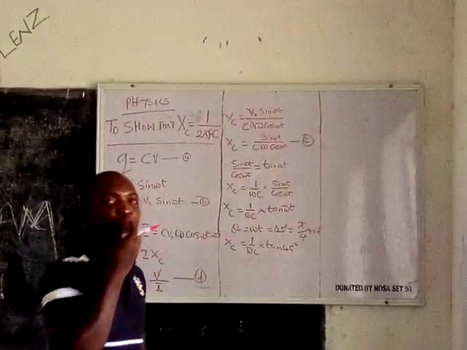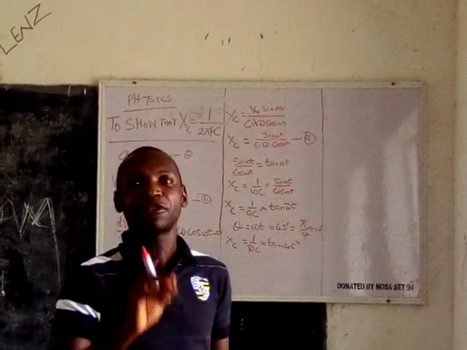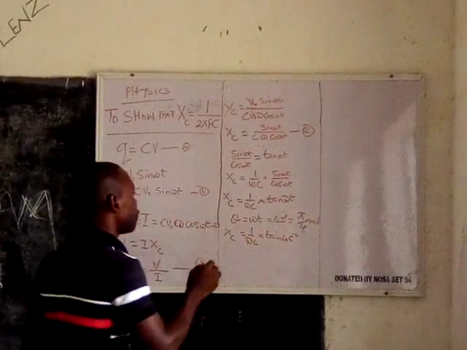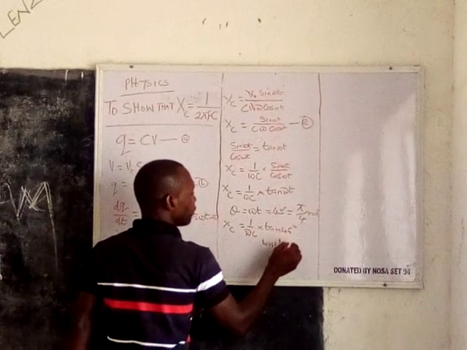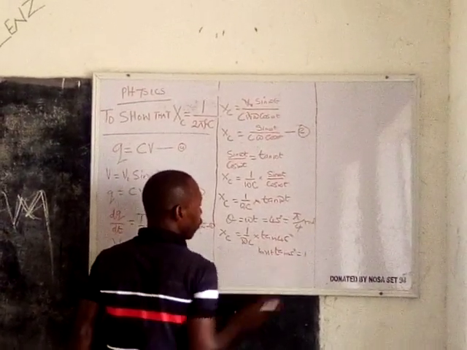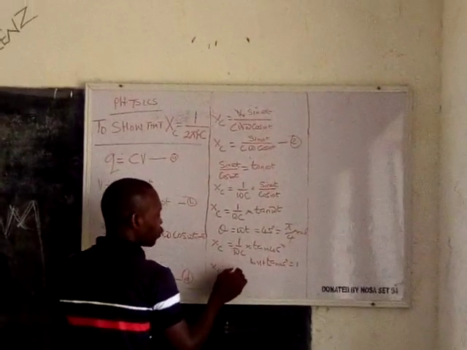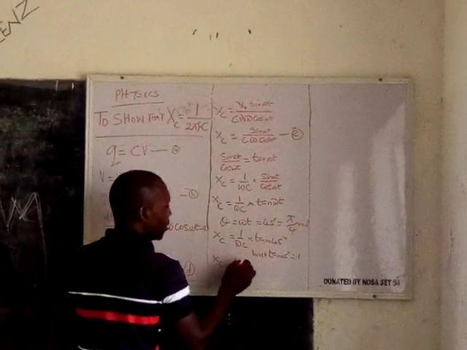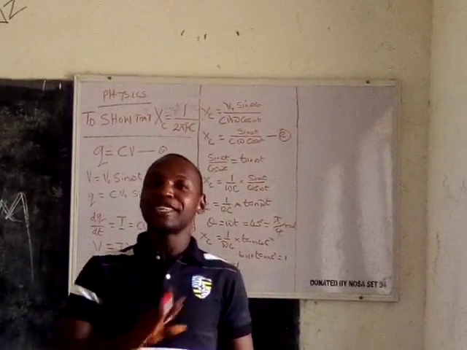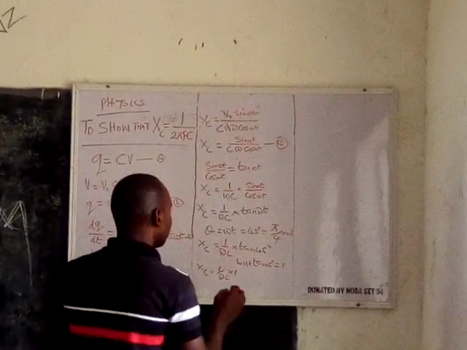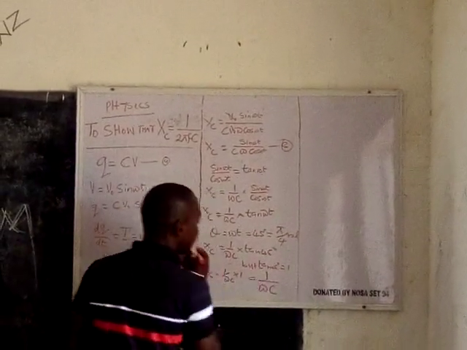On your calculator, when you punch tan 45 degrees, you get 1. Putting it back here, Xc equals 1 over omega C multiplied by 1, and anything multiplied by 1 is just that thing. So we have 1 over omega C.